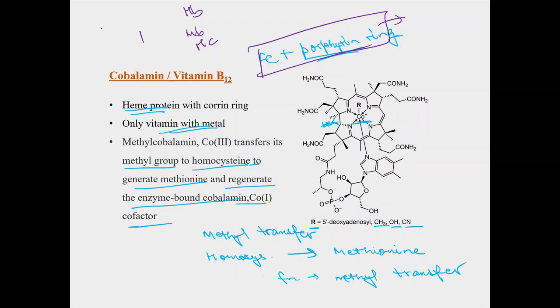So there are a few rings: the porphyrin ring, the corrin ring, and the chlorin ring also, which is present in, I think, chlorophyll. That also satisfies the condition for heme protein. We call these also heme protein. People might think that this is not a heme protein, but this is also a heme protein only. Okay, thank you.